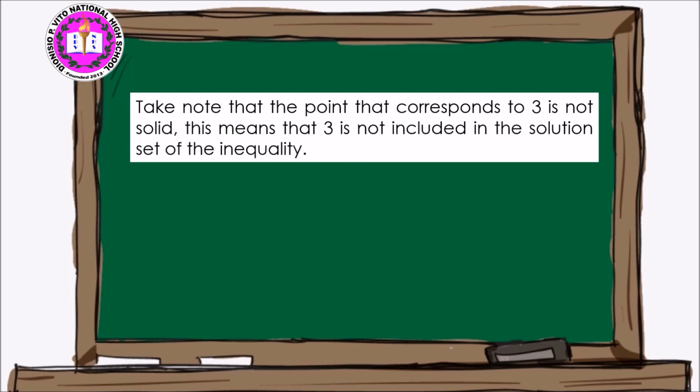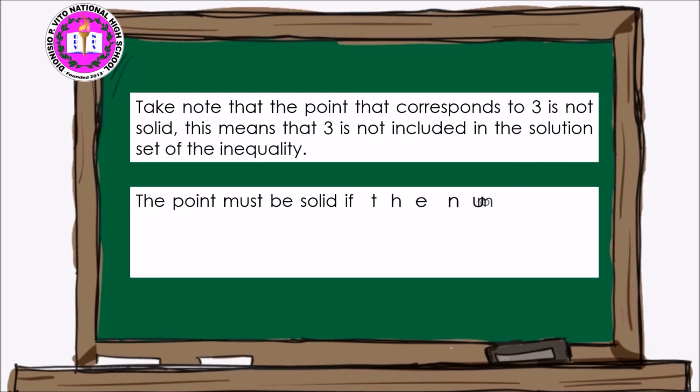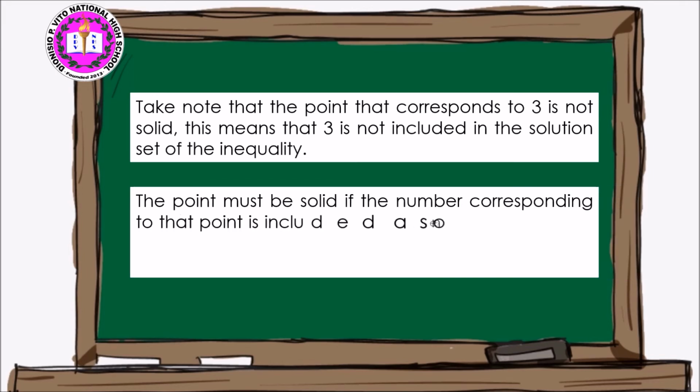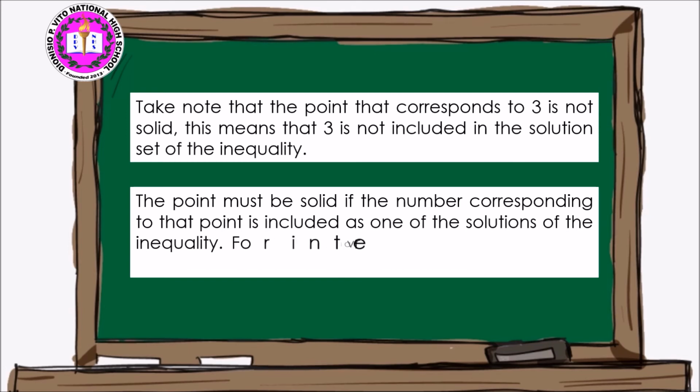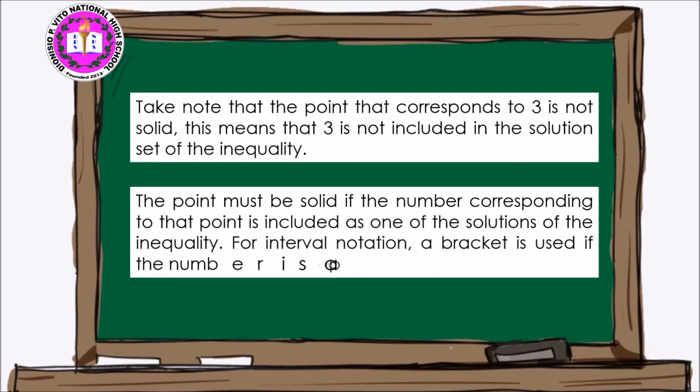This means that 3 is not included in the solution set of the inequality. The point must be solid if the number corresponding to that point is included as one of the solutions of the inequality. For interval notation, a bracket is used if the number is a part of the solution set.